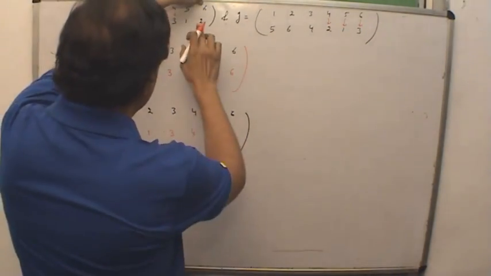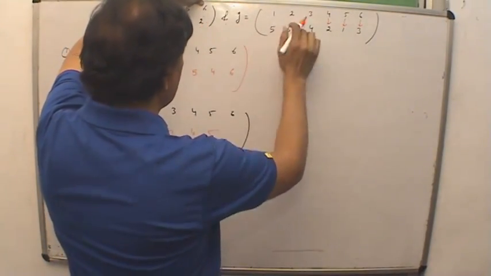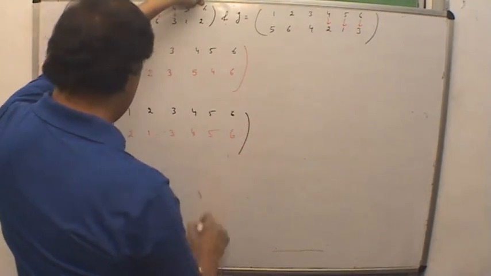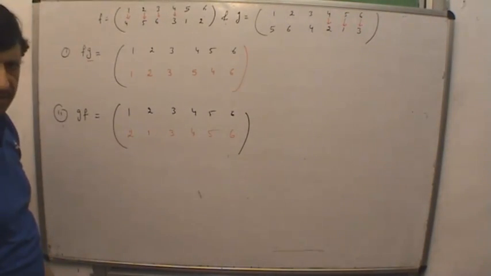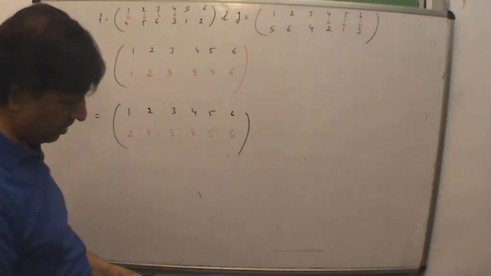Here 6 has image 2 and 2 has image 6. That is F composition G and G composition F.